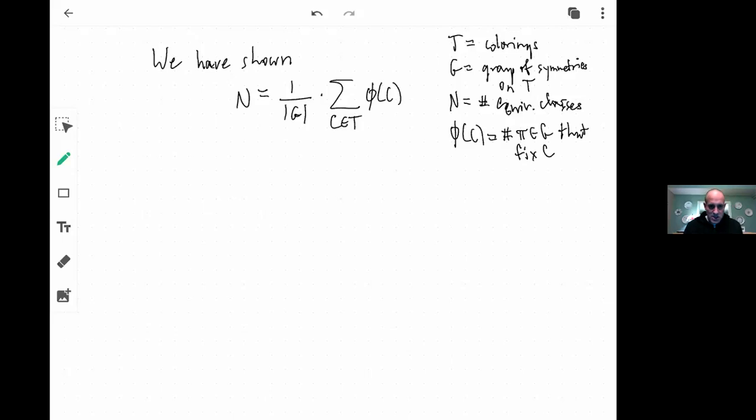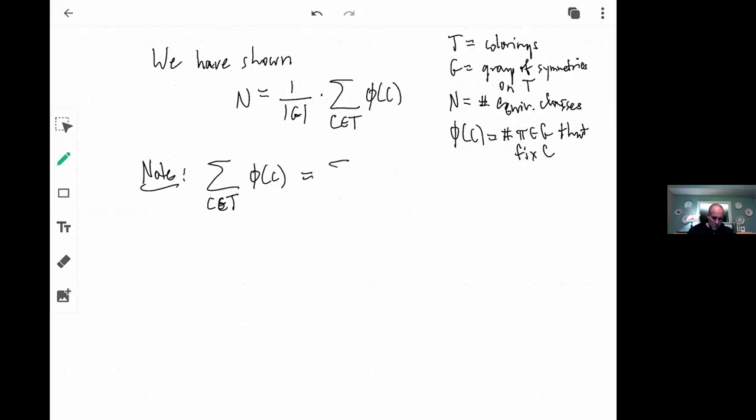But there's one last tweak that we want to do here, just to kind of show this in all of its glory. So here's something to note. If I add up over all colorings phi of C, I can kind of write this in a funny way.